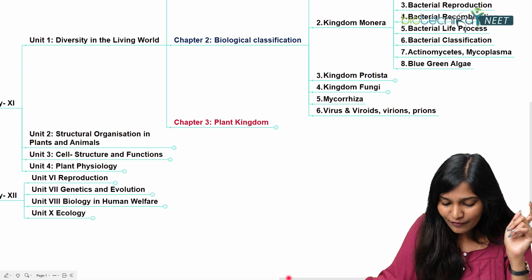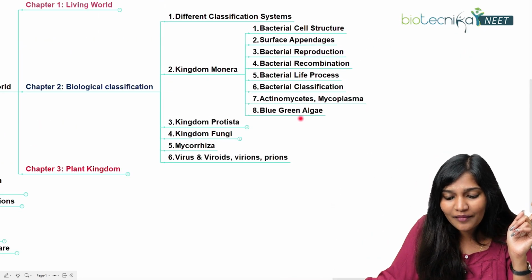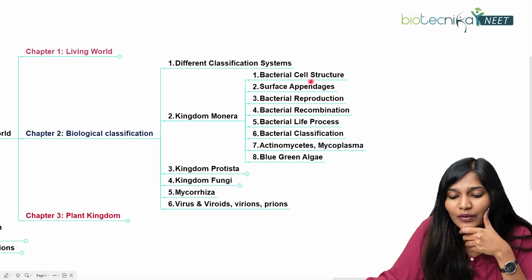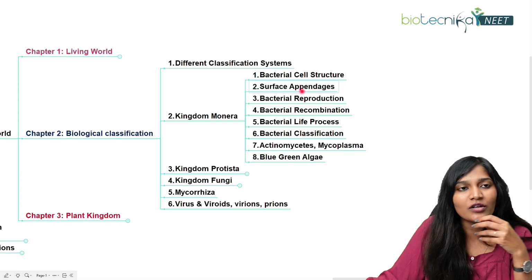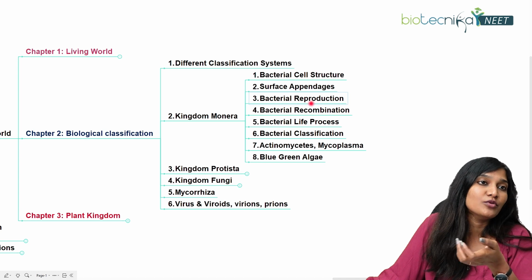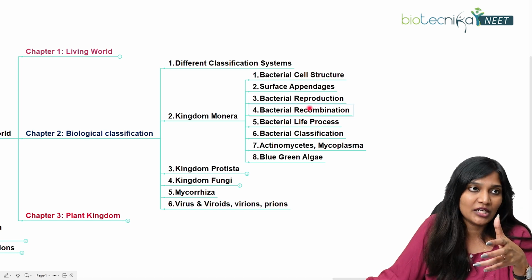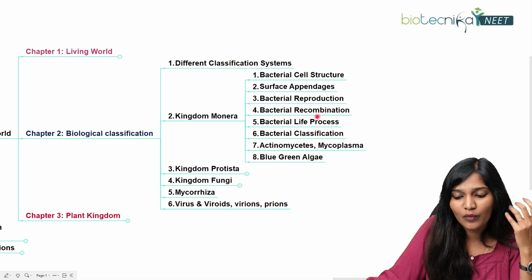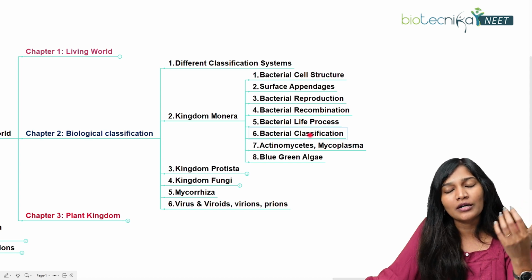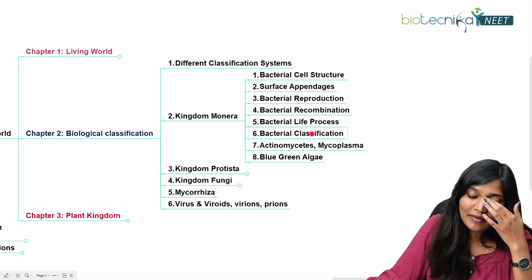So in Monera, you have to study bacteria and cyanobacteria. Cyanobacteria is otherwise called blue-green algae. In bacteria you have to study the structure of the bacteria and the appendages like cilia, flagella and so on, and how a bacterium reproduces, the asexual methods, bacterial recombination, how the life process is, and the classification based on mode, autotrophic and heterotrophic modes.